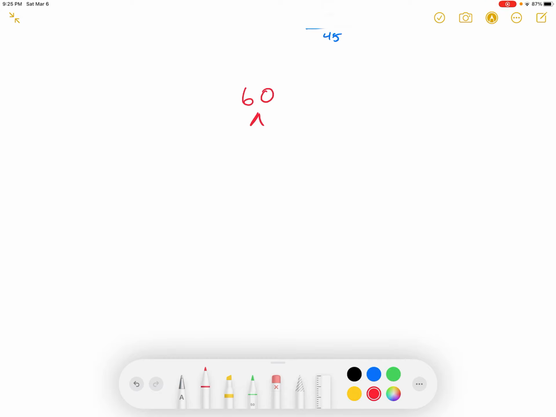That was pretty fun. Let's do one more, and then we'll be done. 60. Prime factorization should be 2 times 30. 30 should be, let's go with 10 times 3, or let's go here, 3 times 10. 10 could be 2 times 5.